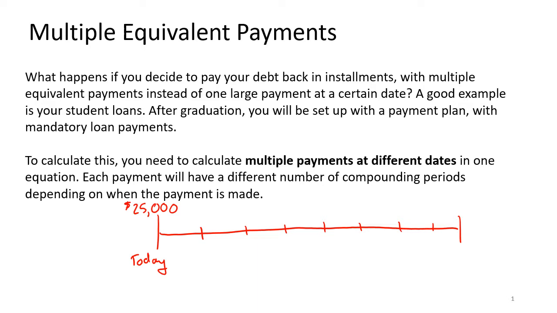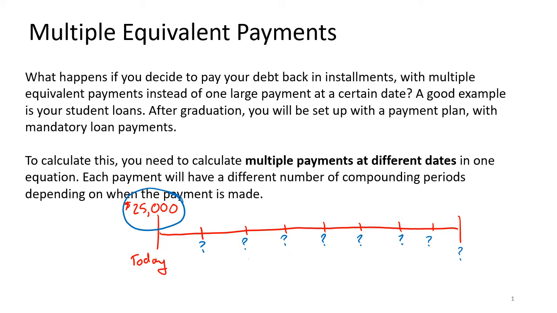But what we're looking at here is how much each of these payments needs to be, if they're the exact same payment each time, to pay off that initial debt of $25,000. That has to take into account, remember, future value with interest, starting with this present value of $25,000.